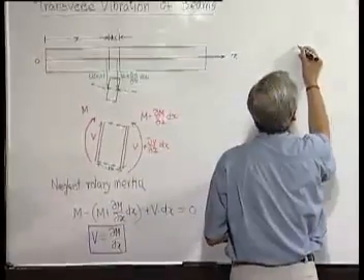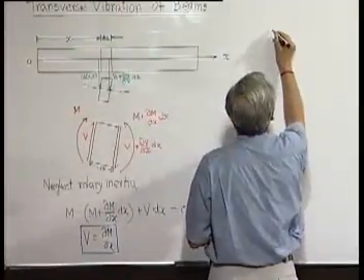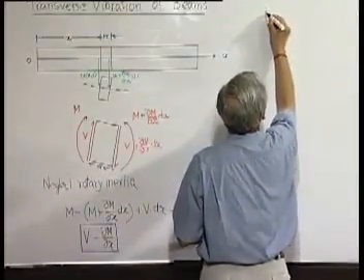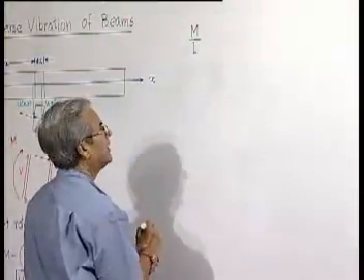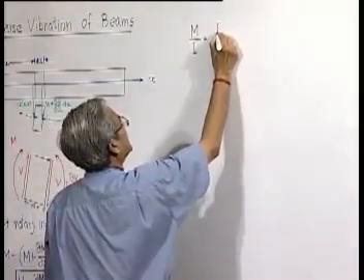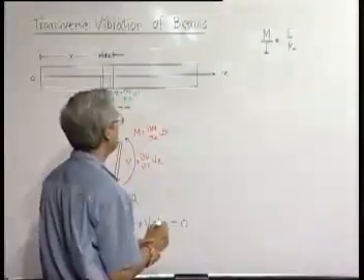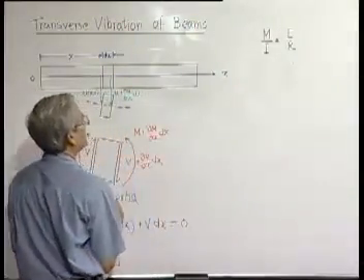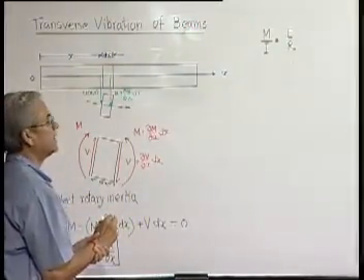Now we know that from bending theory, the beam equation says M by I is equal to E by R, where M is the bending moment, I is the second moment of area of the cross section, E is the modulus of elasticity of the beam material, and R is the radius of curvature.